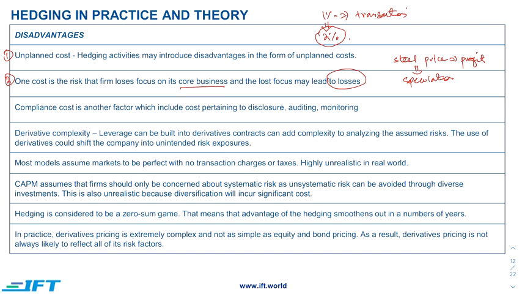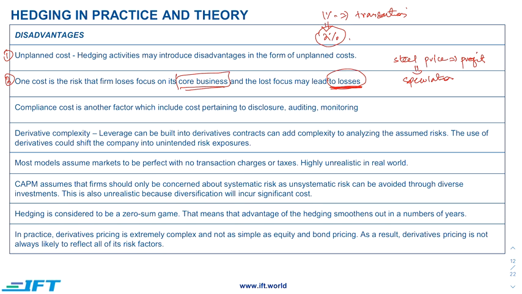And since we are in the market, we have the advantage there as well, and you end up taking some positions which you were not supposed to take. Initially you make some money out of it, but then ultimately you lose your focus from the core business, and you end up making losses on your actual product as well.